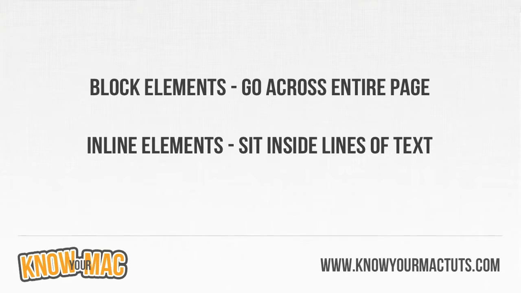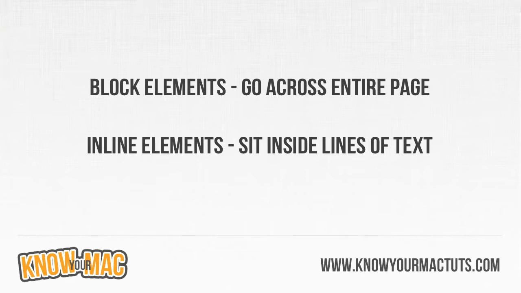A block element takes up the entire line or multiple lines on the page. An inline element fits right in the line of text, so it doesn't take up as much space and doesn't disrupt the other text or elements around it.